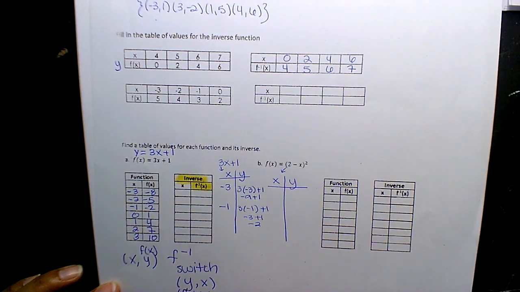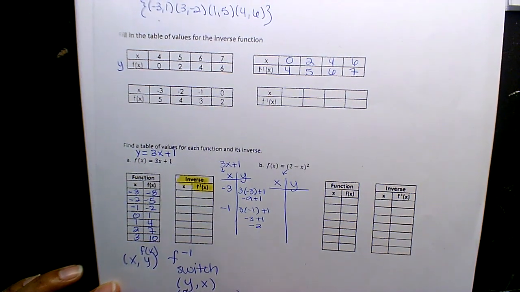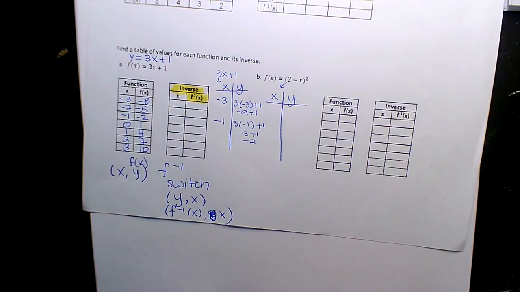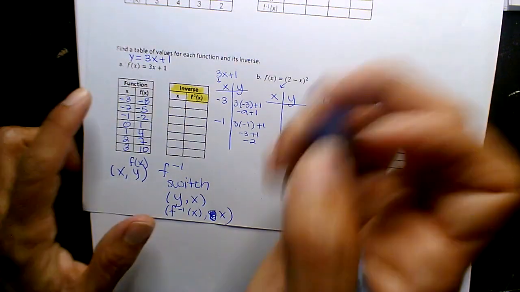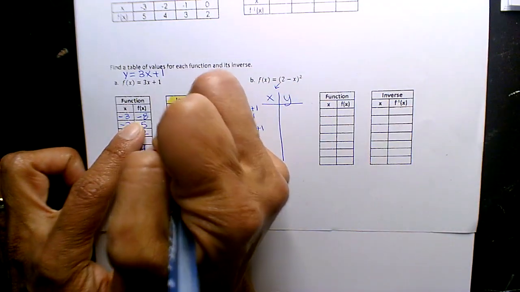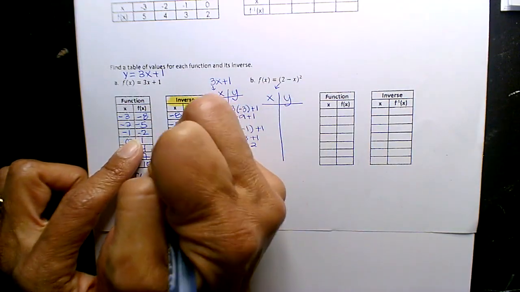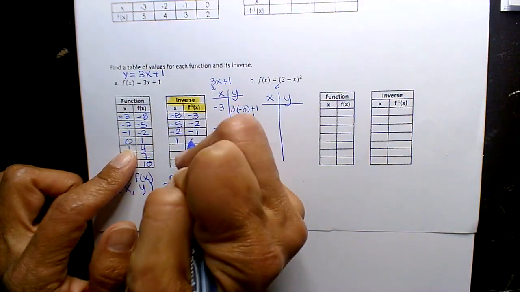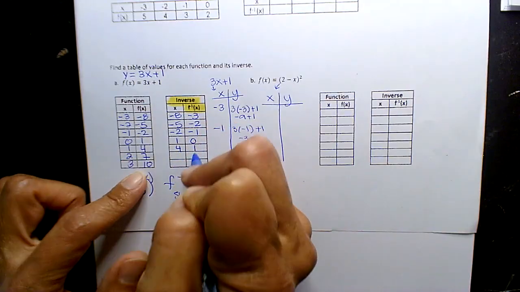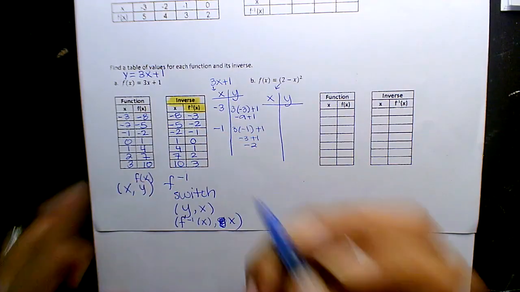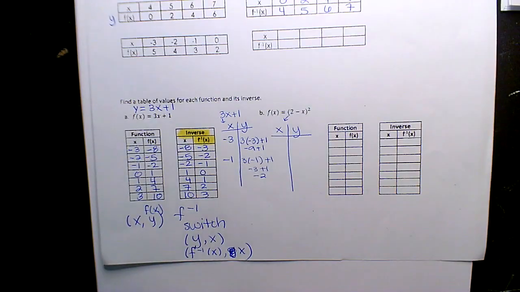If this is -3, -8, then it's -8, -3; then -5, -2, and you just switch the coordinate components. Did I switch it? Yeah. Okay, so it's really straightforward.